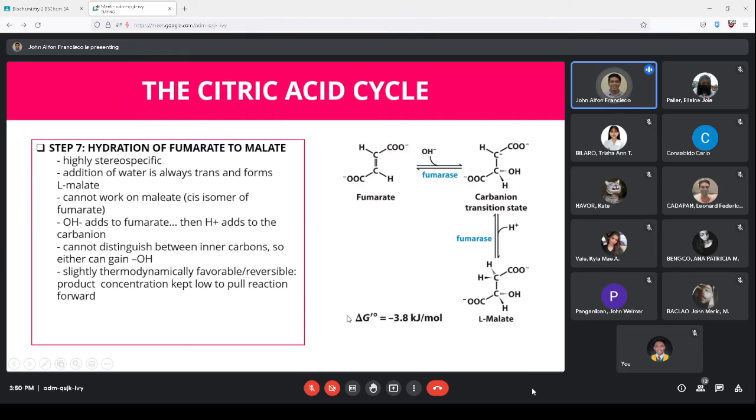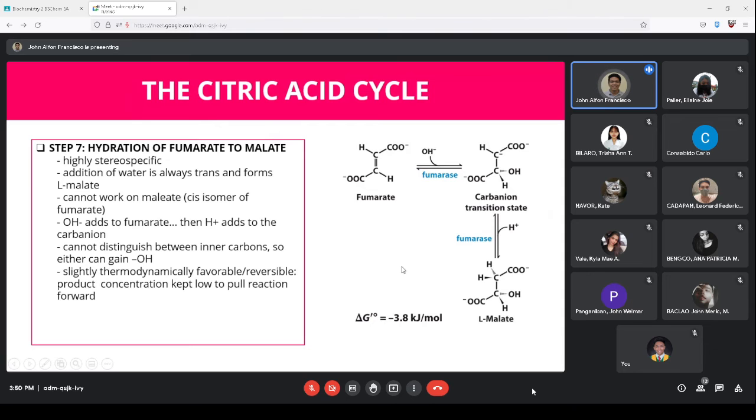Okay? This is a slightly thermodynamically favorable reaction since you have a negative 3.8 kilojoules per mole. OH adds to the fumarate, then H plus adds to the carbanion. Yun yung nangyayari dun sa step 7 natin sa citric acid cycle.